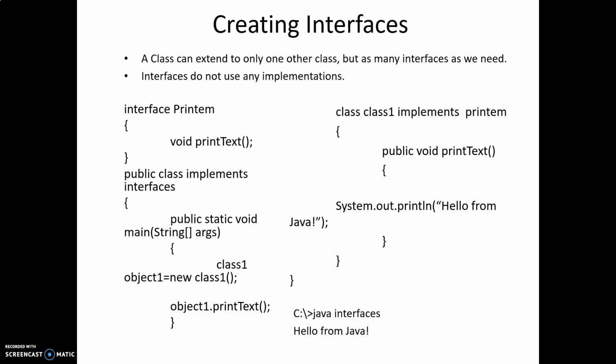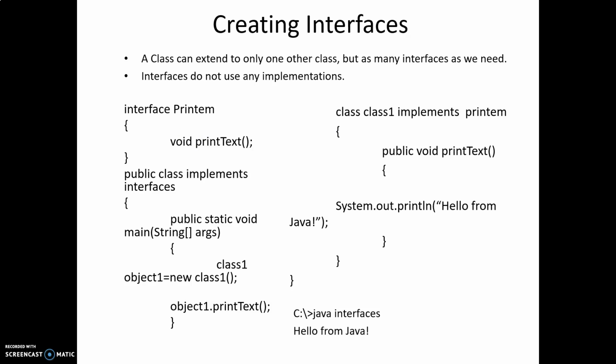One more important thing: interfaces may also have some variables, but the variables have to be final and have a default value given to them. Most of the time, the interfaces a user creates don't have any user-defined variables.